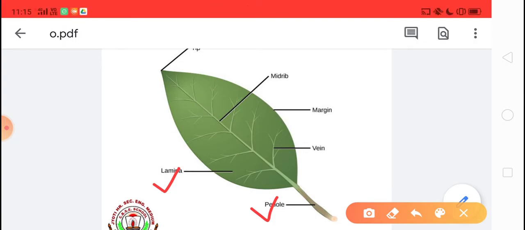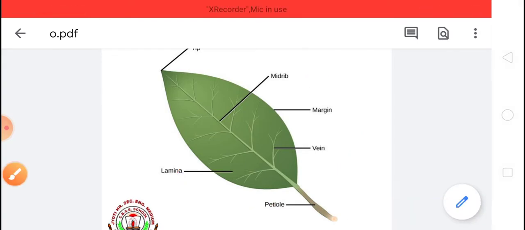Okay, and on close observation we can see some lines on the leaf, and these lines are called veins of the leaves. And one prominent line which is seen in the middle part of the leaf is called midrib. Okay, I hope you understood all the parts of a leaf.